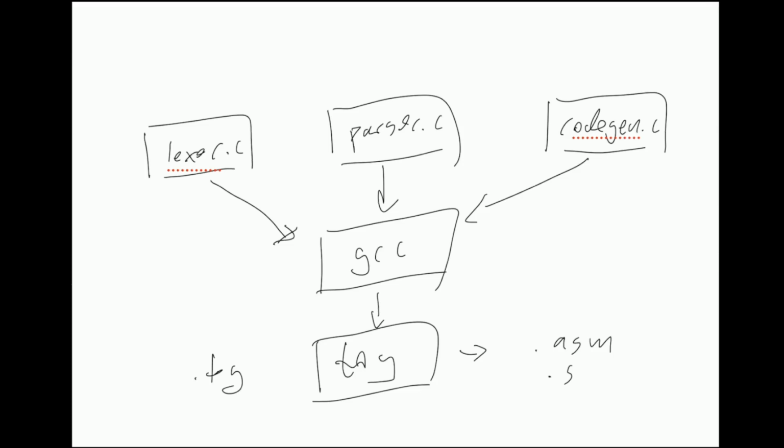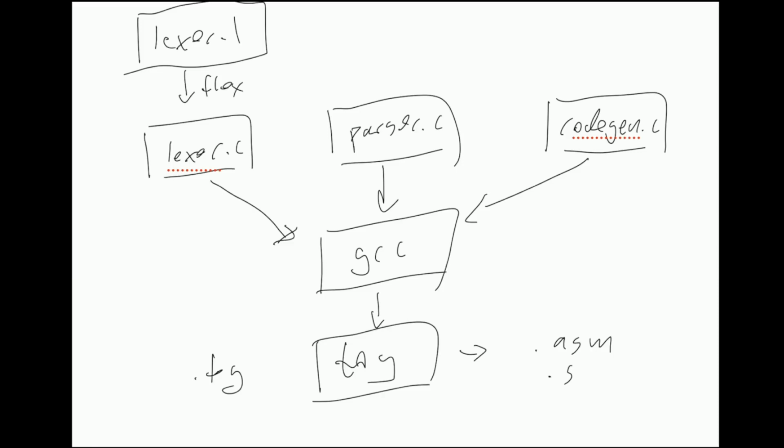And last week, in order to help make writing at least parts of the compiler easier, so lexing and parsing are well understood, classic problems in computing, to the point where we have tools that will write the C for us. So we don't actually have to write lexer.c. We can instead just specify the tokens in our language, specify these string patterns in our language, and generate the lexer.